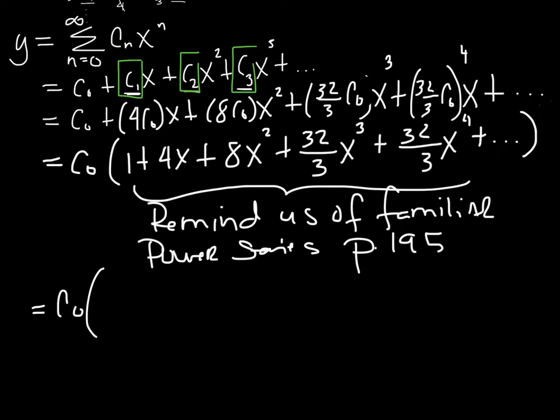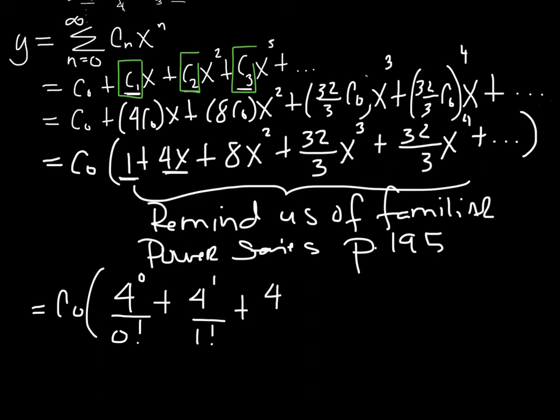So I know 1, I want to have a 4 in here. 4 to the 0 is the same thing as 1. I'm going to divide by 0 factorial. I'm going to tell you why in just a bit. Plus the next one, 4x, is the same thing as 4 to the first power divided by 1 factorial, plus 8x squared.